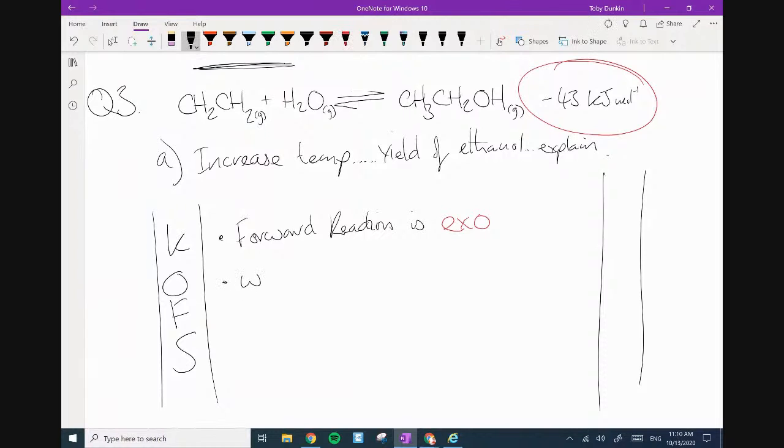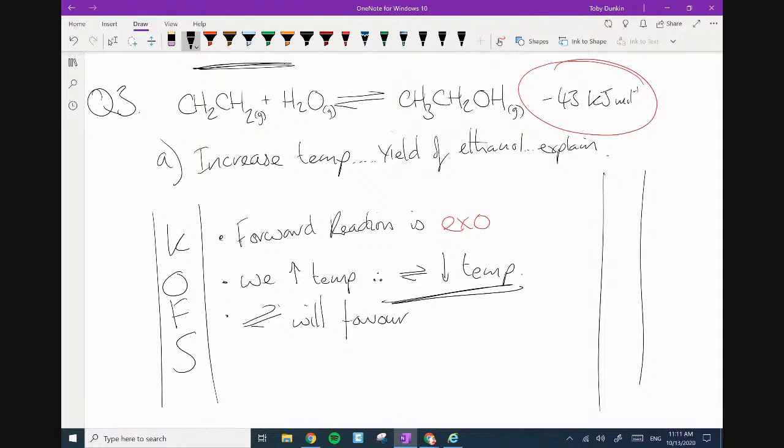Next, what did we do? We increased temperature. Therefore, equilibrium decreased temp. Favors. How's it going to do that? Favor endo. Reaction, equilibrium will favor endo. Hang on a minute. Equilibrium will favor endo because endo is cold.